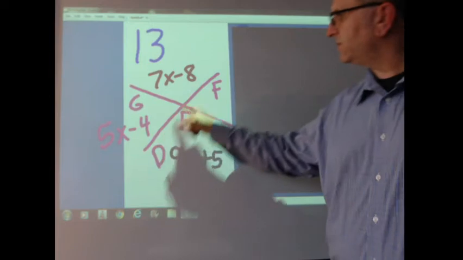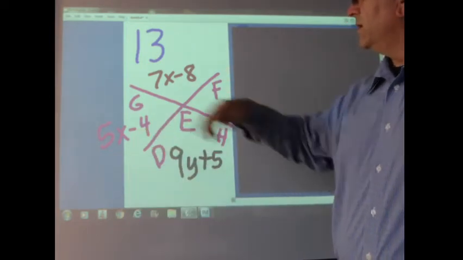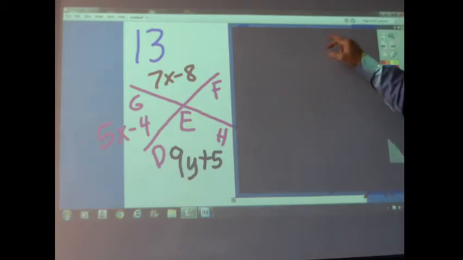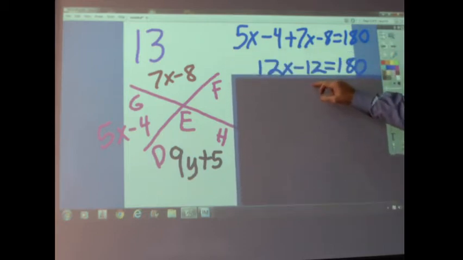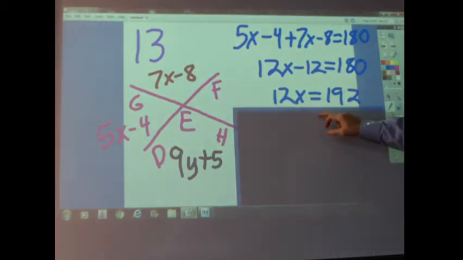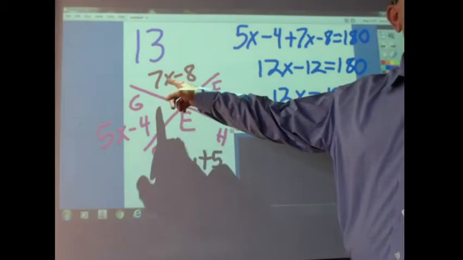Since this forms a line, then I know 5x minus 4 plus 7x minus 8 is equal to 180. Then combine my like terms, then divide by 12, and so I find x. So now if I know the value of x, I can plug it in right here.